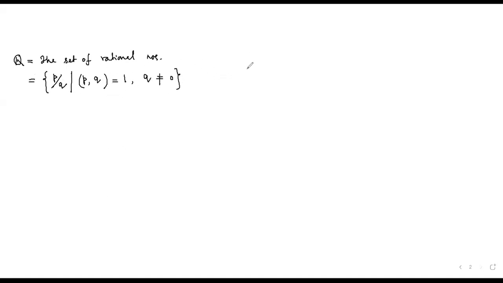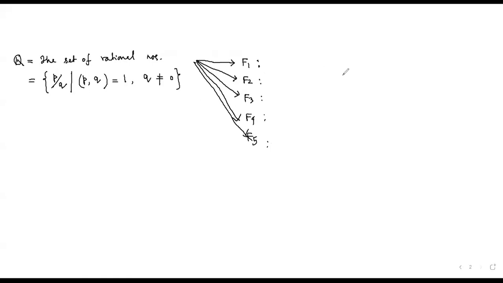And when we talk about rational numbers, if you now try to find out whether the properties F1, F2, F3, F4, and F5 are being satisfied or not, you will see that for each and every rational number present in Q, F1, F2, F3, F4, and F5 are satisfied.